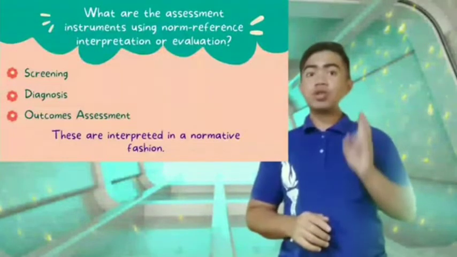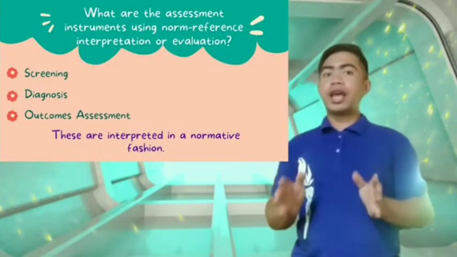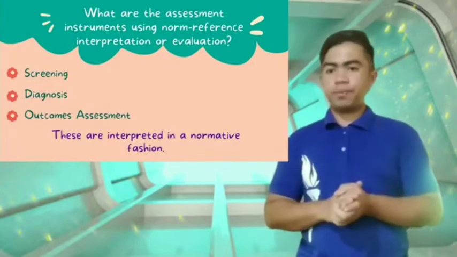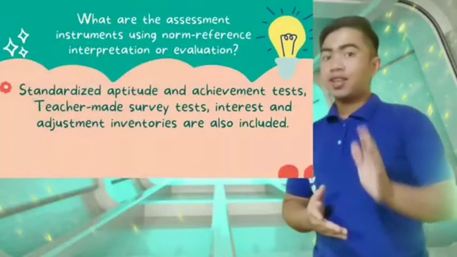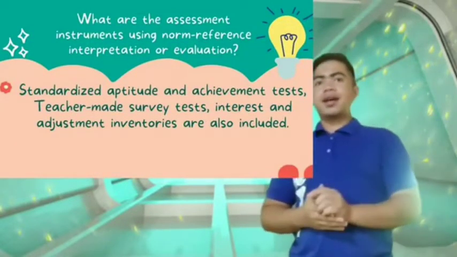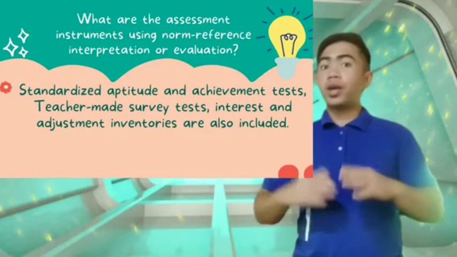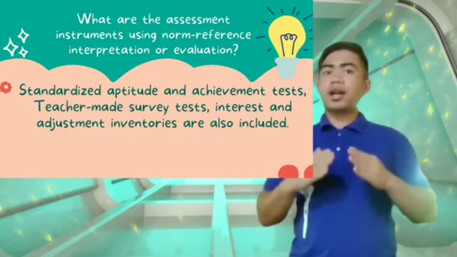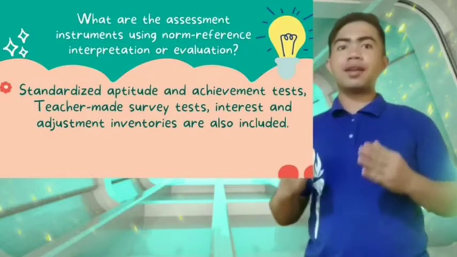The screening, diagnosis, and the outcome assessment are interpreted in a normative fashion. The standardized aptitude and achievement test, the teacher-made test, the interest and adjustment inventories are also part of it. We are using the norm reference interpretation in interpreting the scores of the students who take the test.